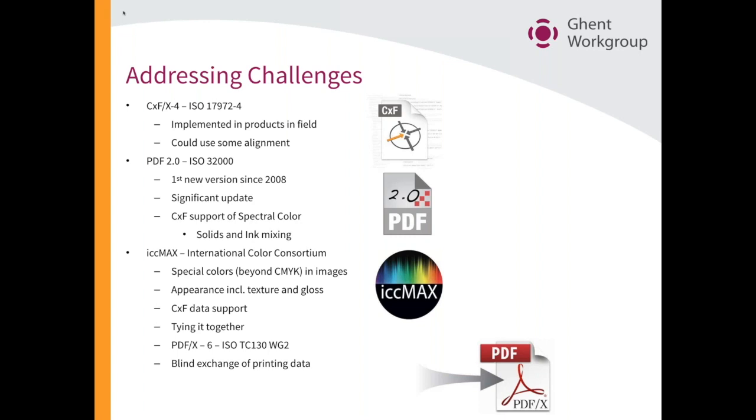And then ICC Max, which is another way to look at tying together some of the various color specifications into PDF/X, so we can begin to use it for a lot of other things and go beyond the limitations that exist today.